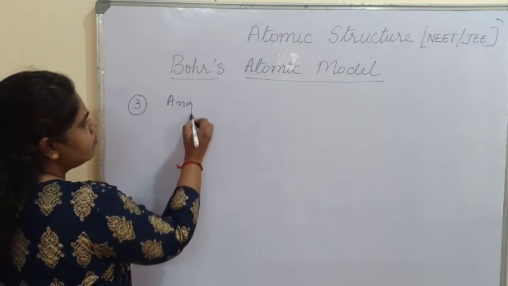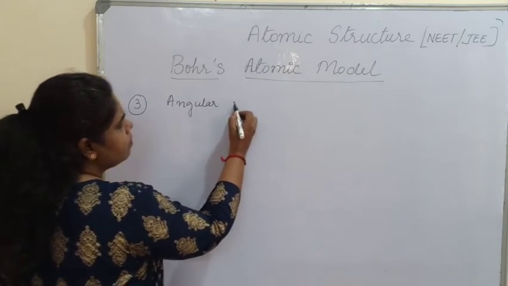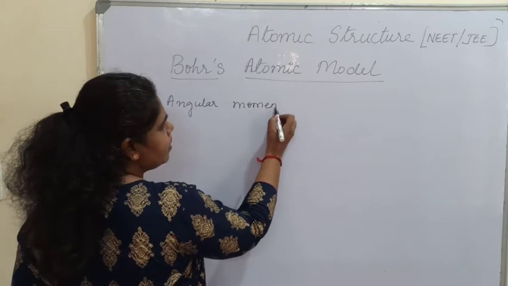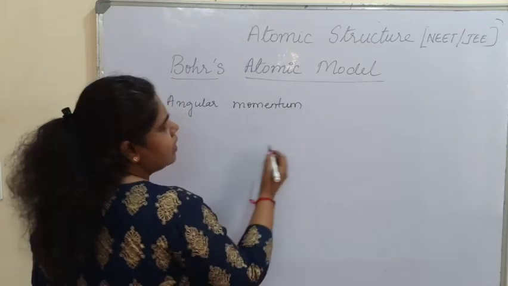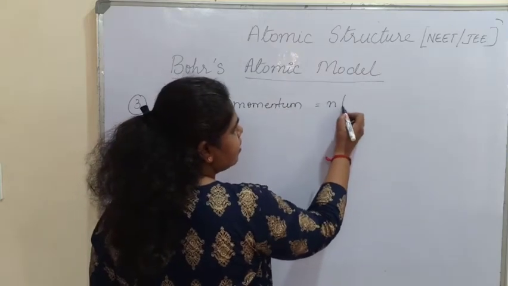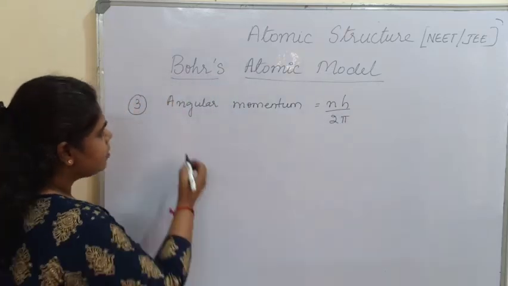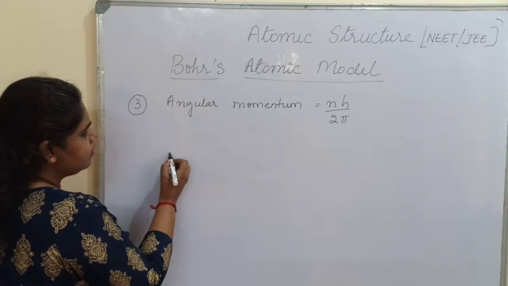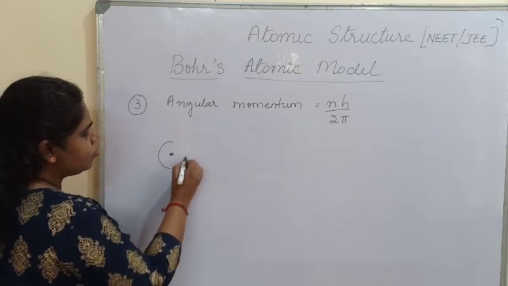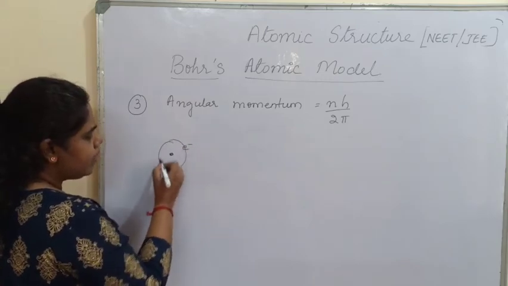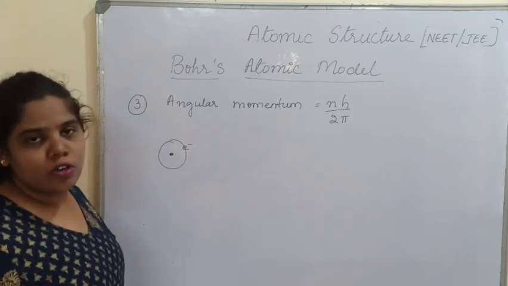The third point: angular momentum of the electron is an integral multiple of nh by 2 pi. What is angular momentum? You know that this is the nucleus and the electron is revolving around the nucleus in a circular orbit.